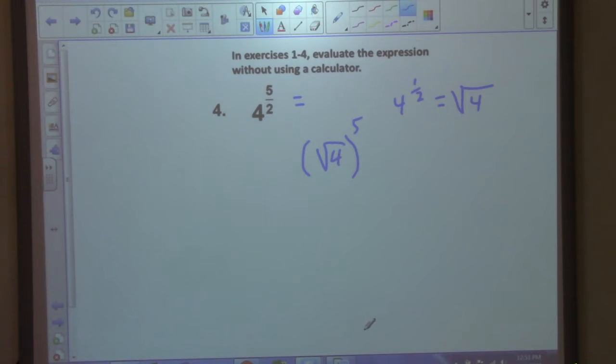The answer's 32. How did we come up with an answer of 32?